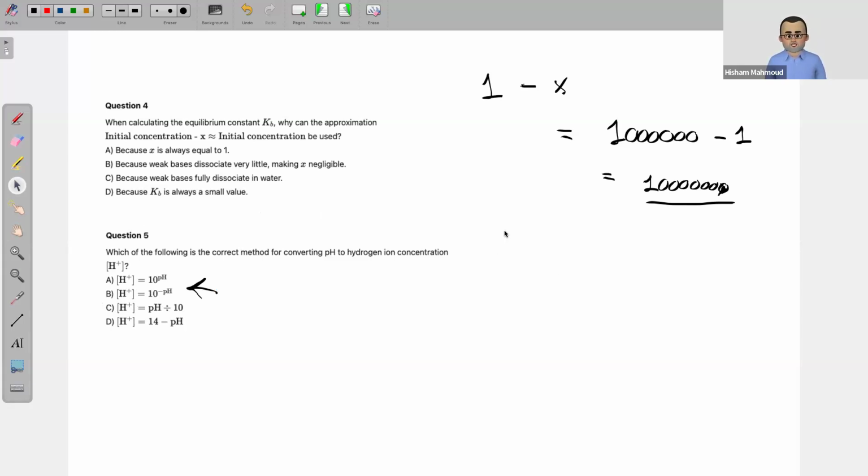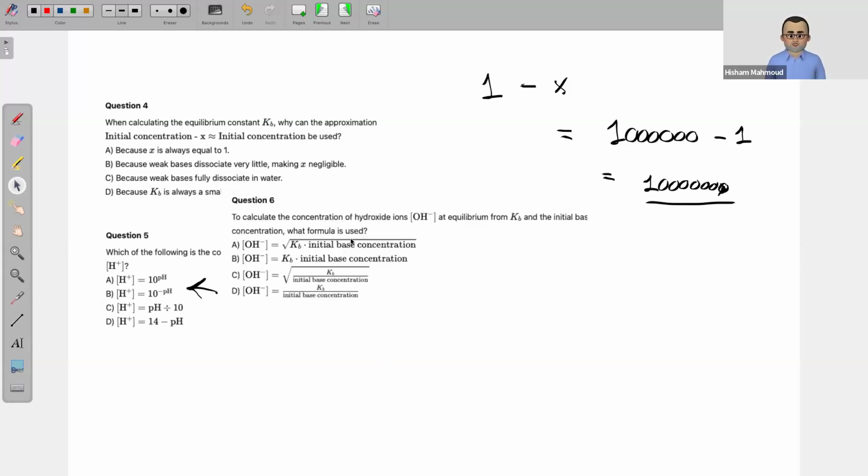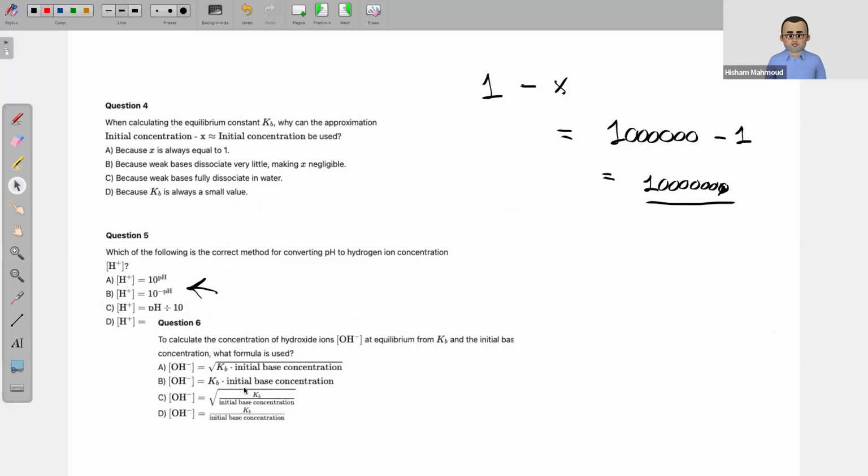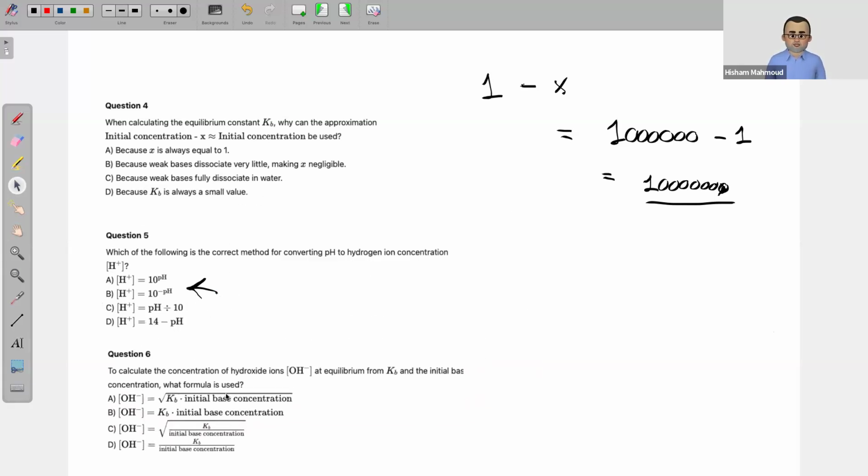To calculate the concentration of hydroxide ions given the Kb and the initial concentration, what formula is used? I will say that you want to find OH minus. So Kb is equal to OH minus squared divided by the initial concentration. You need to calculate the hydroxide, you need to find OH minus.